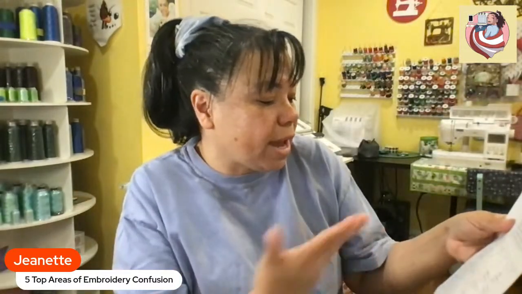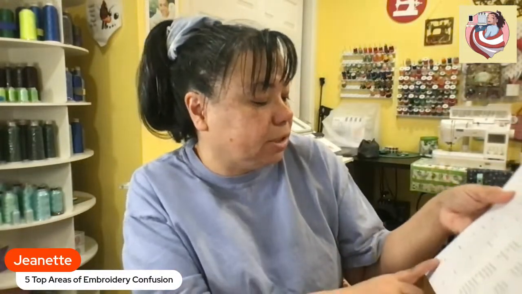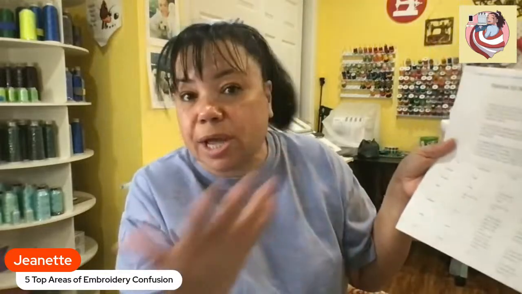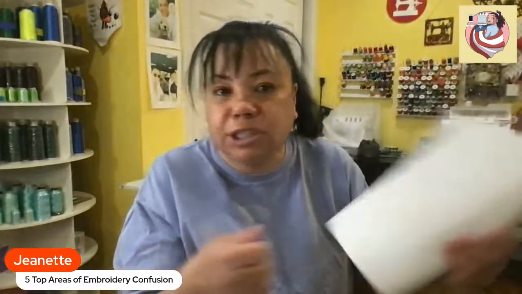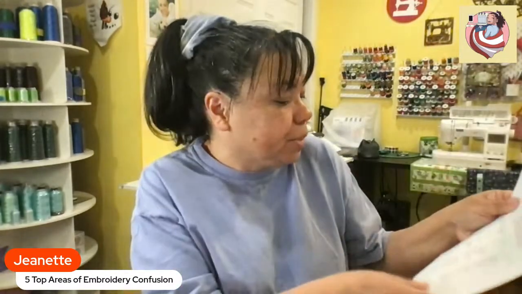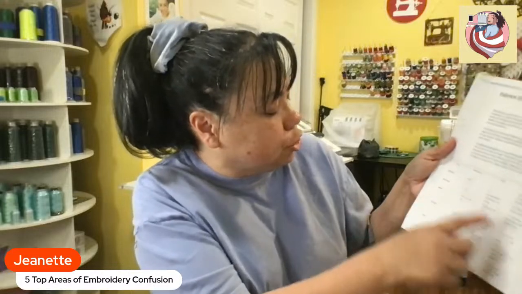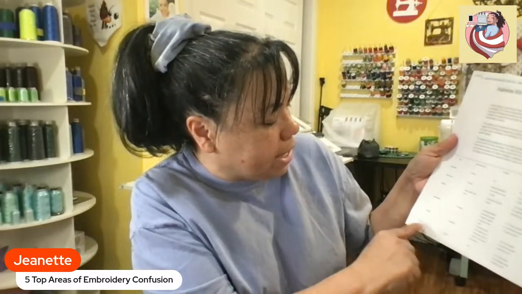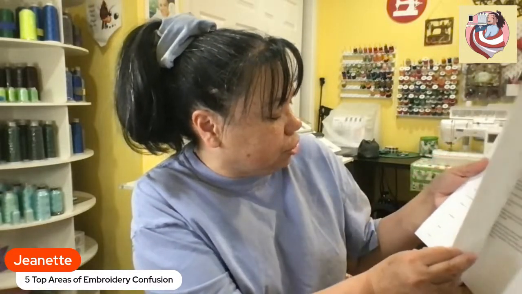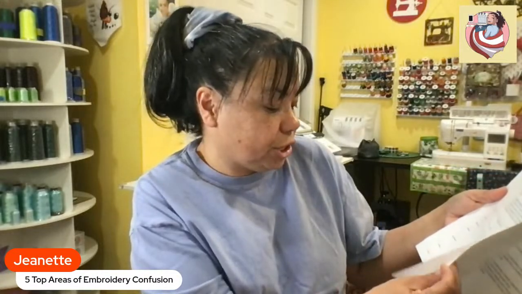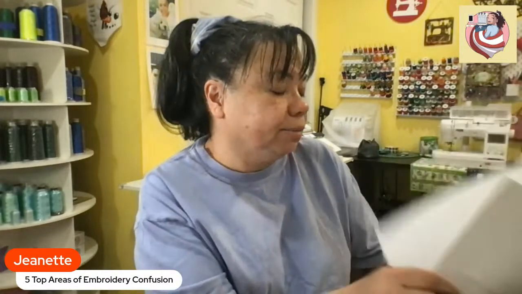So, if you have burlap, here it says use cutaway, which I agree, because burlap really doesn't have stretch to it, right? And then here it kind of tells you where you should use cutaway. Canvas, you should use cutaway. I think I would have used tearaway, but okay.